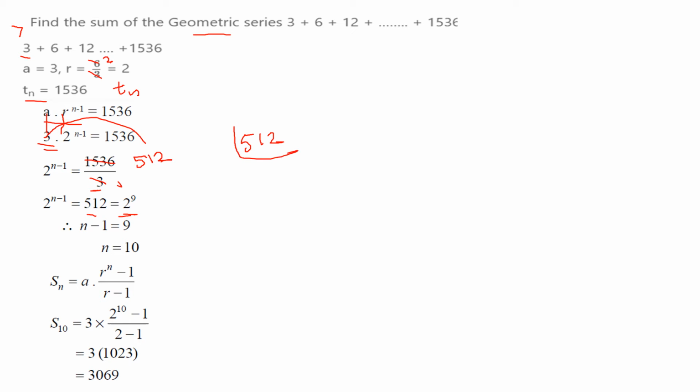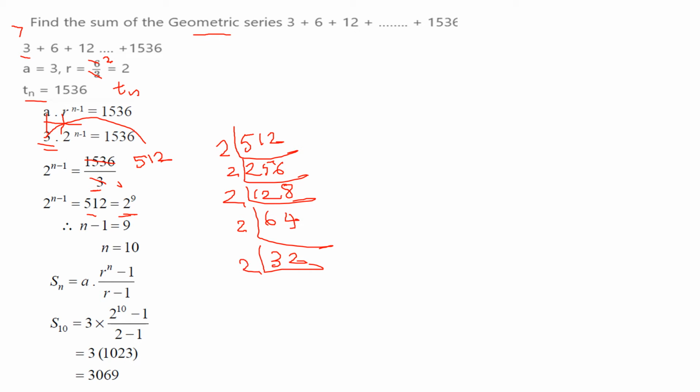2, 2 2s are 4, 5 2s are 10, 6 2s are 12. Next 1, 2 2s are 4, 8 2s are 16. Next 6 2s are 12, 4 2s are 8. Next 3 2s are 6, 2 2s are 4. Next 2 1 2 is 2 6.